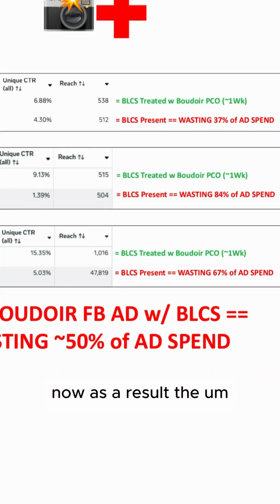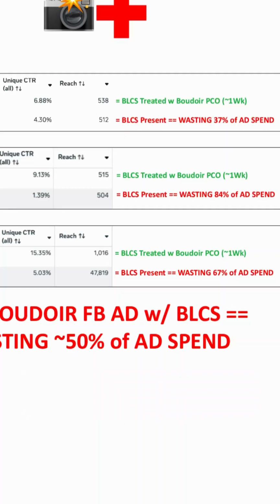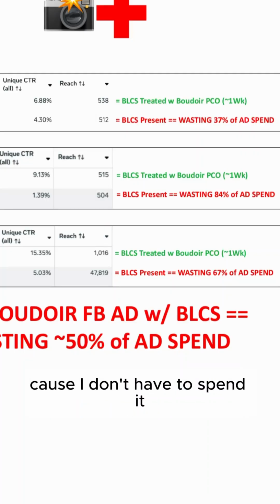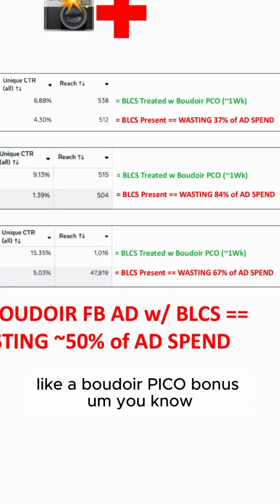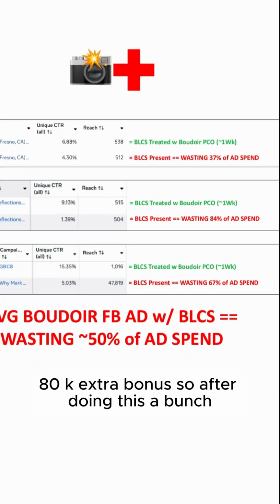As a result, $6,700 a month is literally back in the Boudoir photographer's pocket because they don't have to spend it. Like a phantom bonus, a Boudoir Pico bonus. And after 12 months, it's like 80K extra bonus.